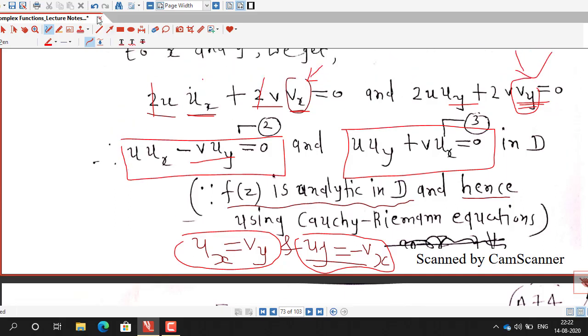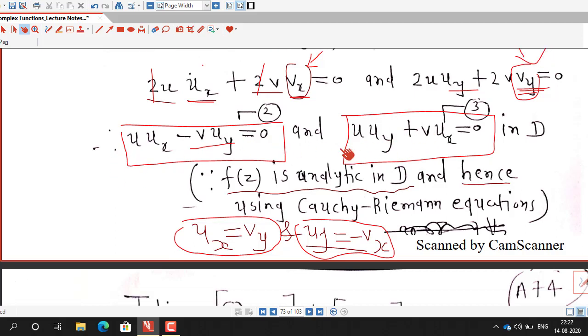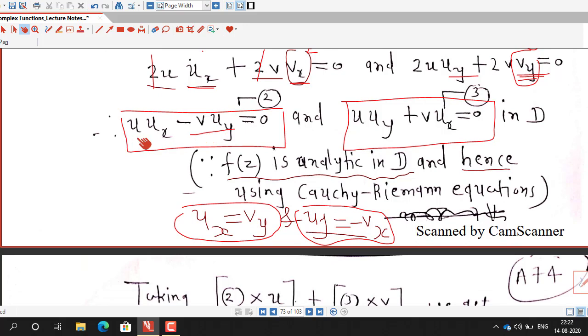Now we solve these two equations. Here we consider del u by del x and del u by del y as unknown quantities. So if I want to solve these two equations, suppose I want to find the value of del u by del y first.